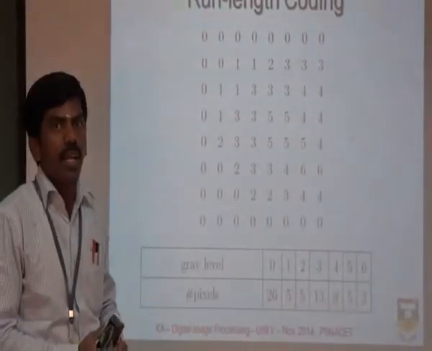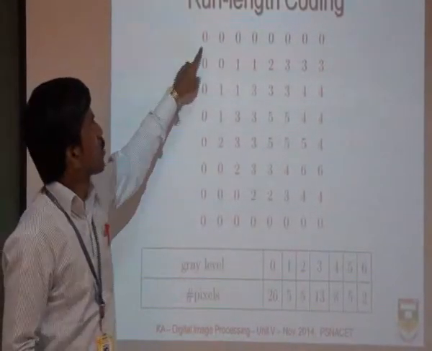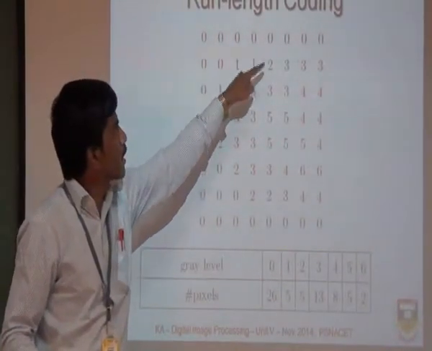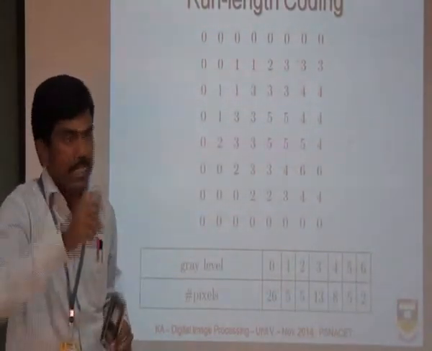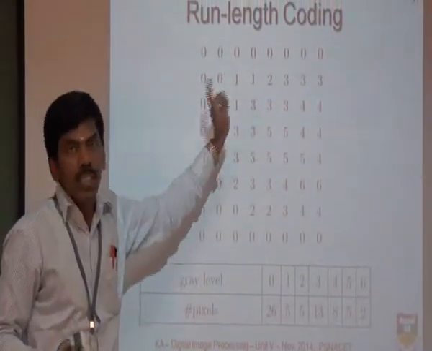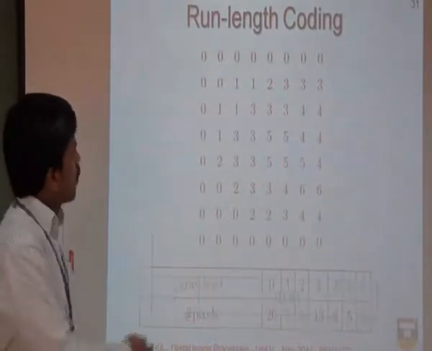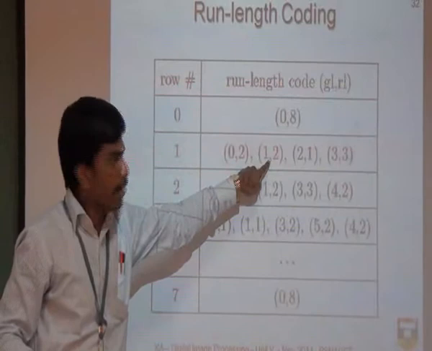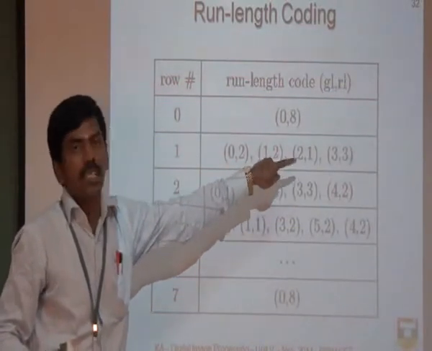Next, I can use run length code for a matrix. For the first row, 0, 8: how many times? 1, 2, 3, 4, 5, 6, 7, 8. So 0, 8. What is the second row? 0 is 2 times, 1 is 2 times, 2 is 1 time, 3 is 3 times.